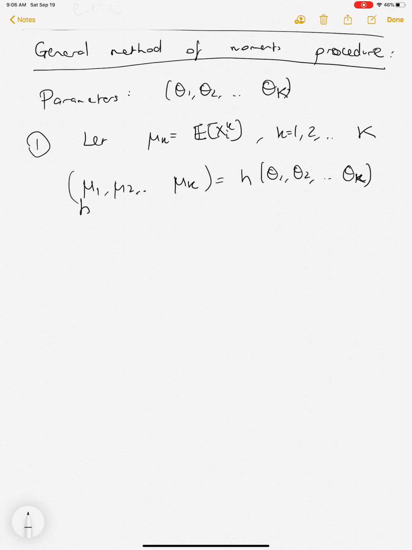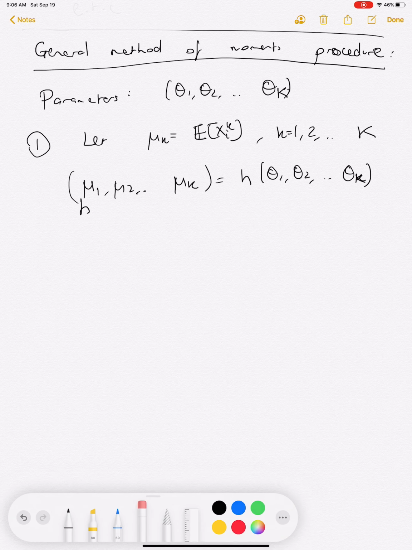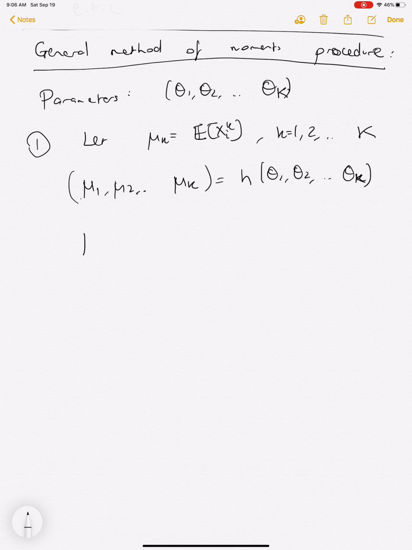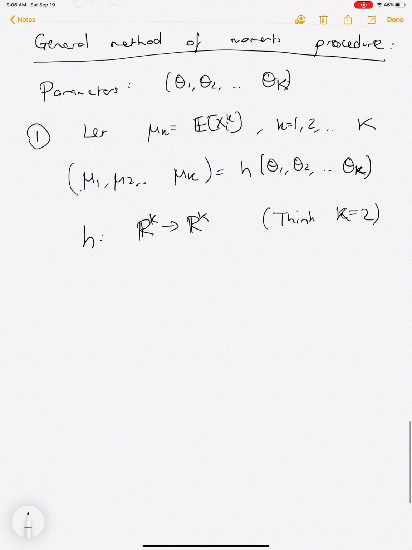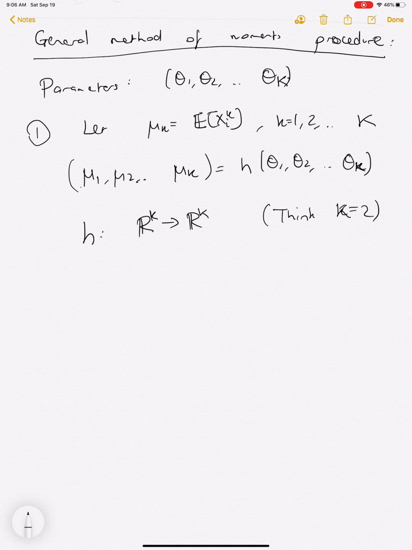So here, h is now a multivariate function from R^K to R^K. We're going to see this specifically for k equals 2. It can get pretty messy pretty quickly, but we'll see some examples for k equals 2 shortly.